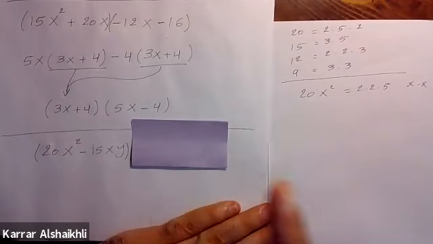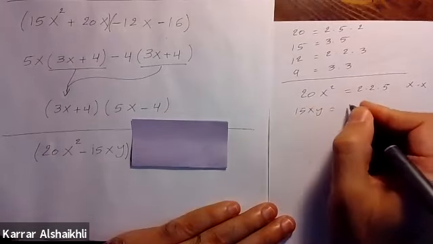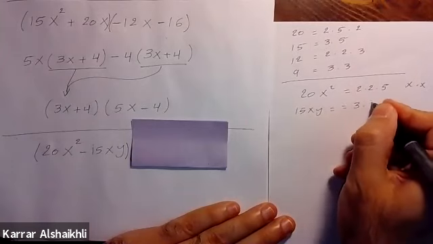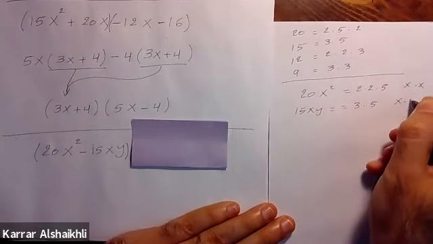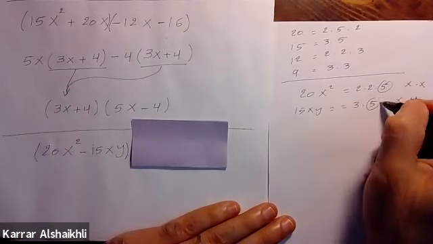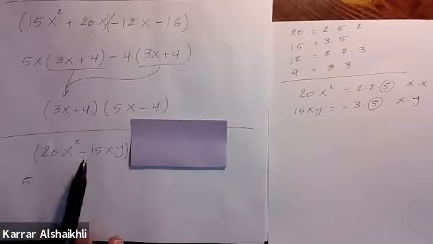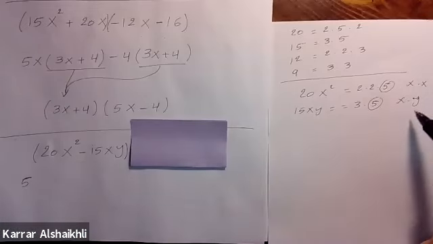And the 15xy is equal to 3 times 5 times x times y. So the common is 5, and what else? That's the common with numbers. What about the variables? What's the common with the variables?